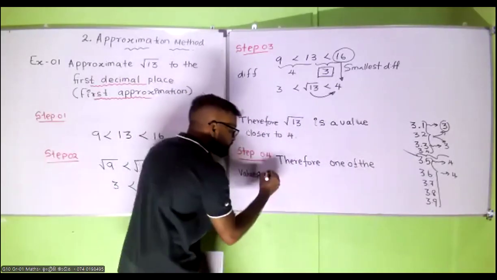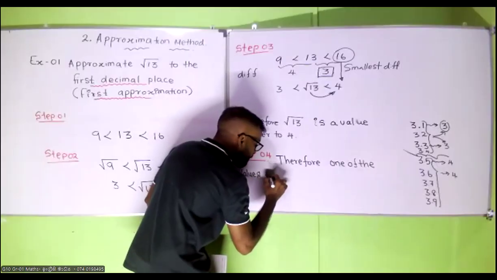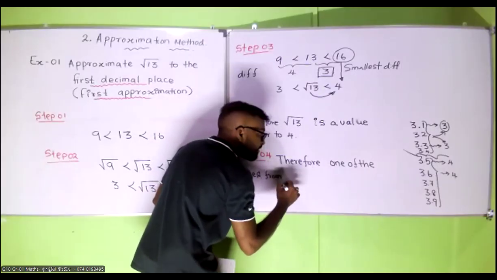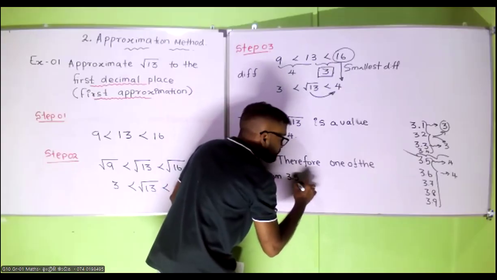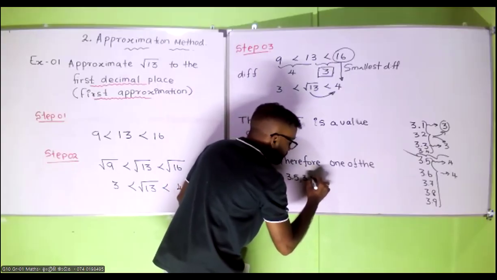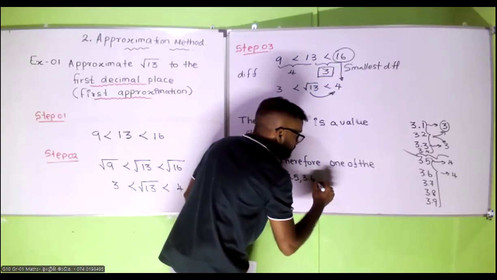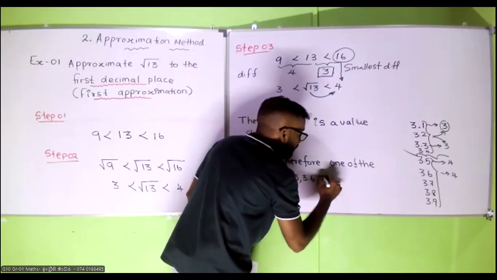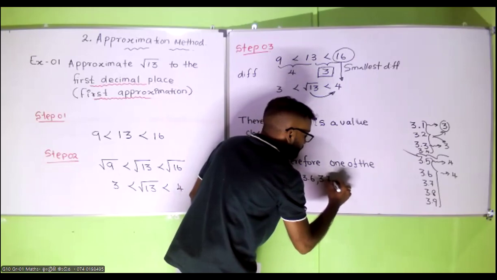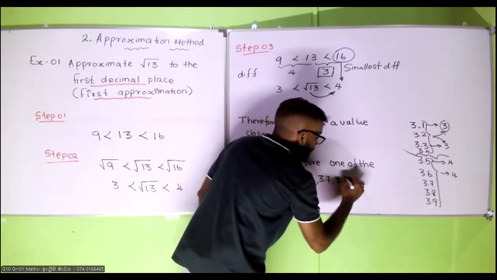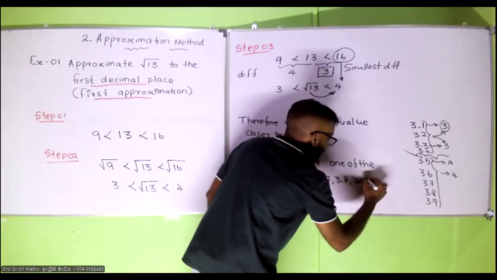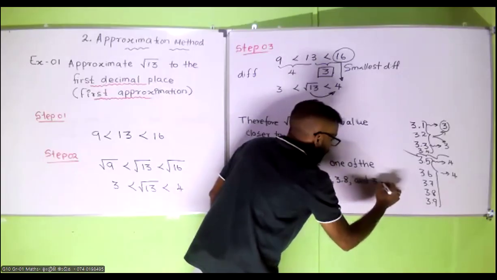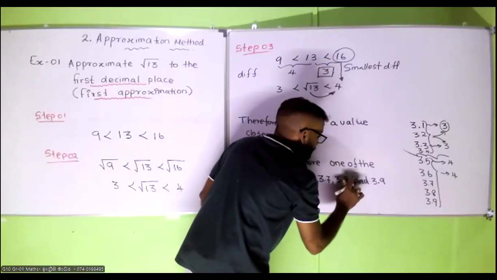Therefore, one of the values from, please write it with me, 3.5, 3.6, 3.7, 3.8, and 3.9.